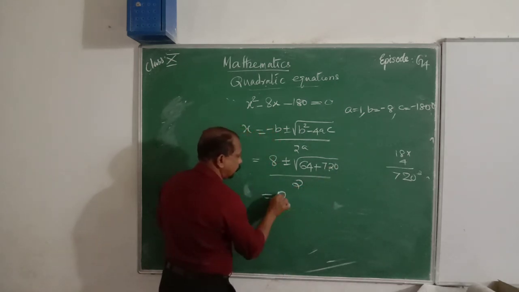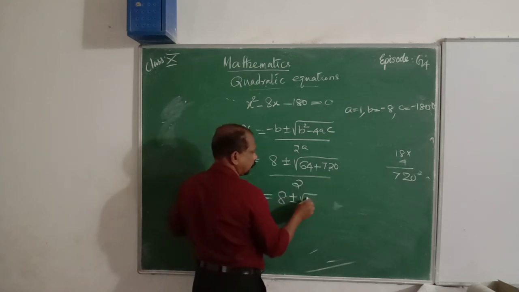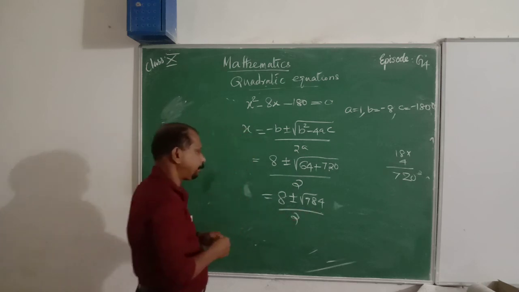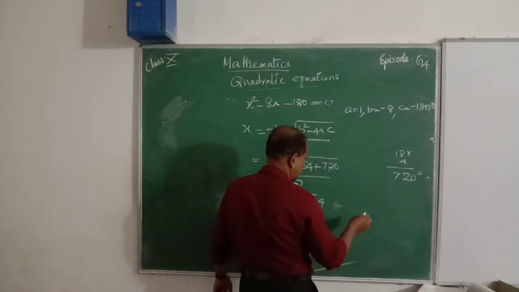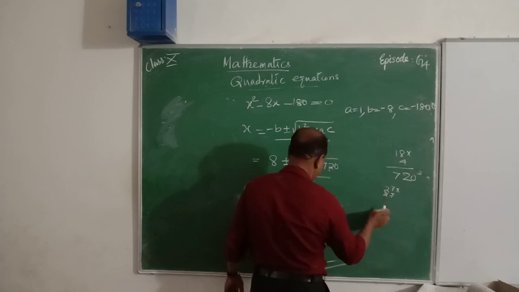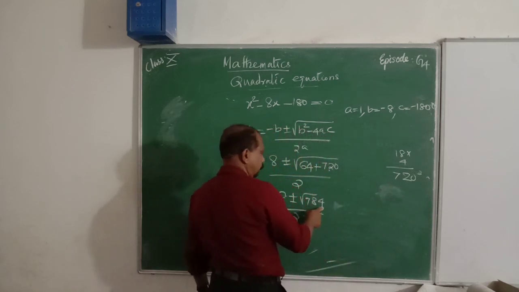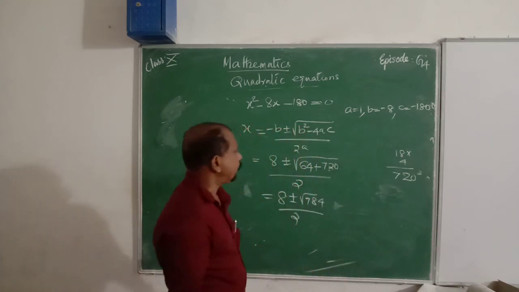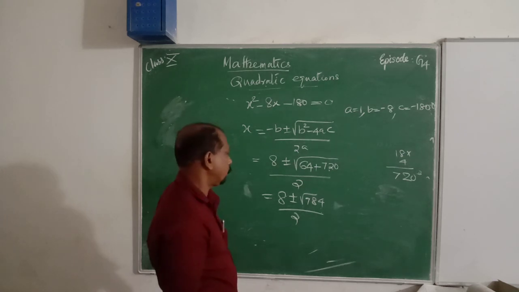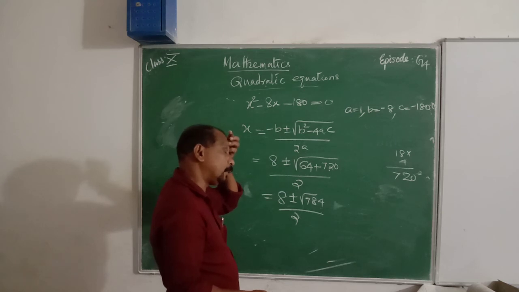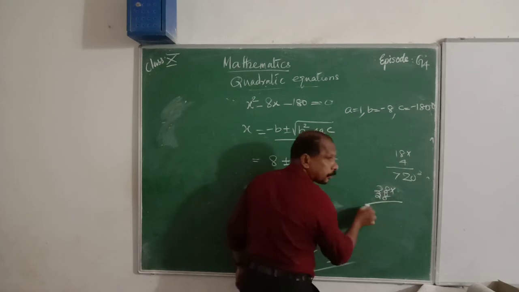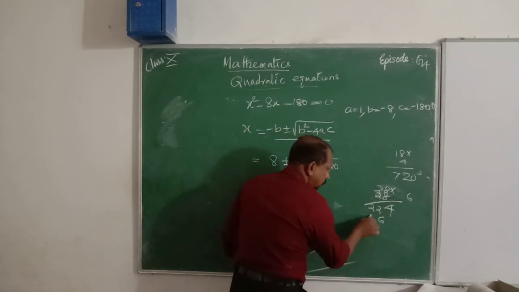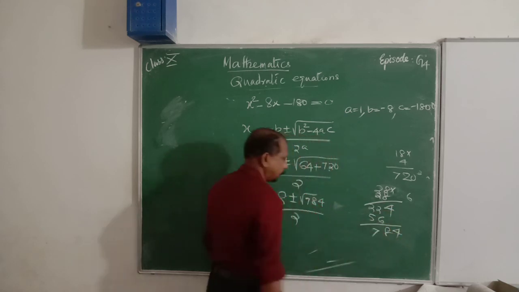Divided by 2, that is 8 plus or minus root of 784 by 2. 720 plus 64 is 784. The square root is 28, since 28 into 28 is 784.